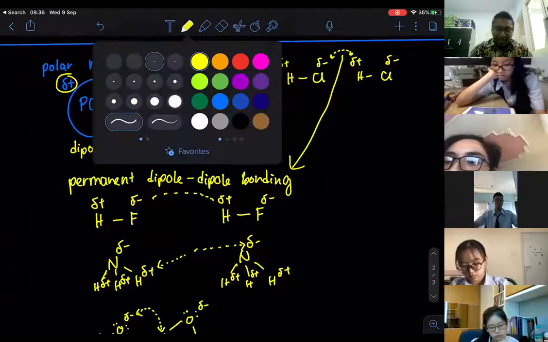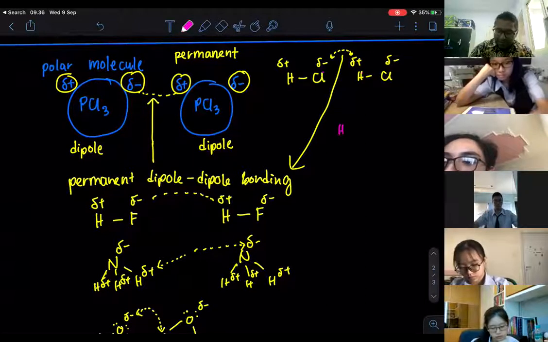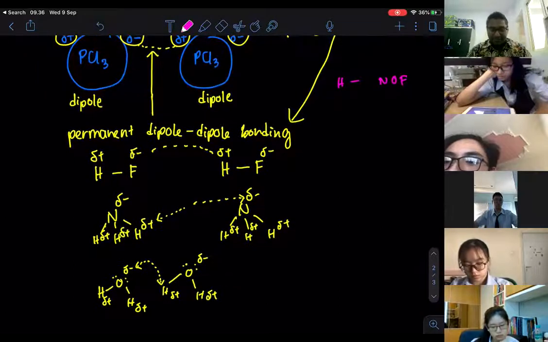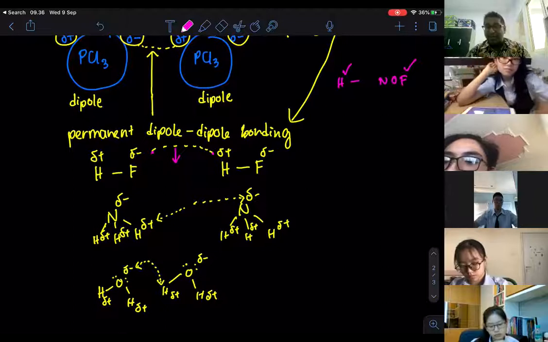If you look over here, this is hydrogen and Cl. I told you H with NOF. Is there any hydrogen bonding over here? No, it's only permanent dipole-dipole bonding. But if you look at HF, it's hydrogen with F. So this permanent dipole-dipole bonding is hydrogen bonding.